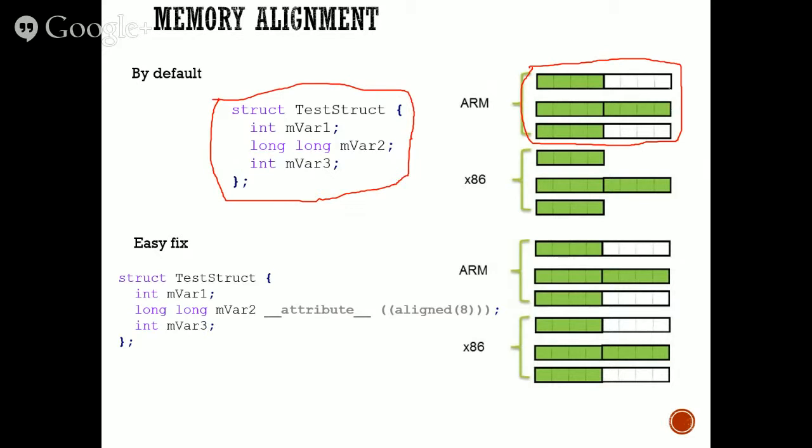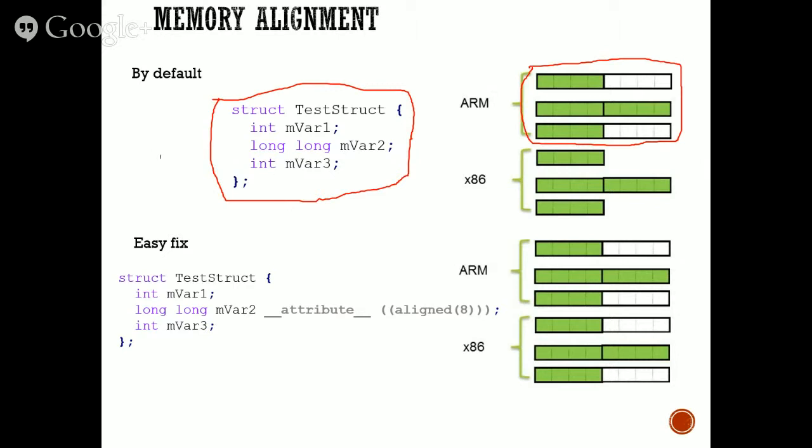Even for int, it allocates 32 bits, even for long it allocates 32 bits. So totally, it is allocating 3 blocks of 32 bits for this particular structure.